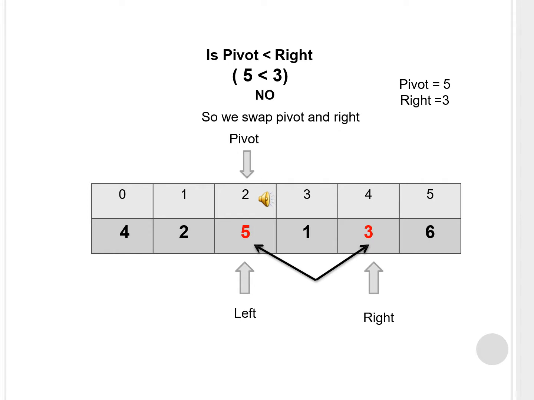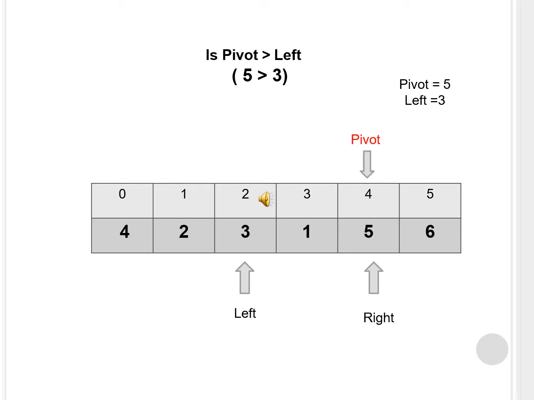Now 5 is being compared with 3. 3 is smaller than 5, so their positions get interchanged, because on the left side all the elements smaller than 5 must be present, and on the right-hand side all the elements greater than 5 should be present. Now the new array becomes 4, 2, 3, 1, 5, 6. The pivot element is present at the 4th index.